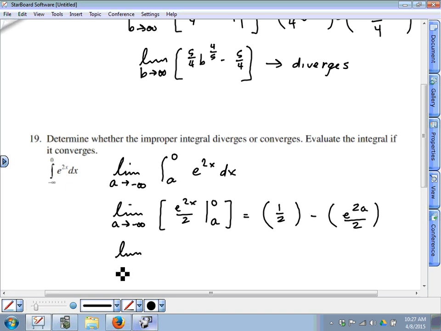So we need the limit as a approaches negative infinity of 1/2 minus e to the 2a over 2. Now if we plug in values for a that are approaching negative infinity, that means the exponent of e is going to become more and more negative. Since it's a negative exponent, we can think about this as dropping down to the denominator.